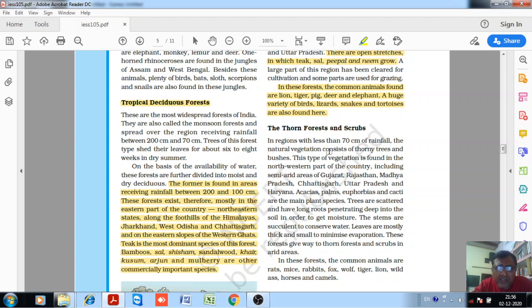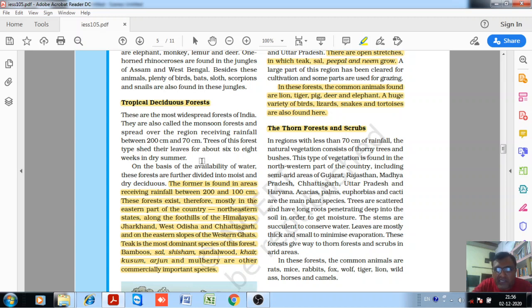In regions with the rainfall less than 70 centimeter. Now you can see that step by step decreasing of the amount of rainfall is the most important factor to determine the varieties of the forests. Evergreen forests has above 200 centimeter, moist deciduous 200 to 100, dry deciduous from 100 to 70, and now thorn forests below 70.